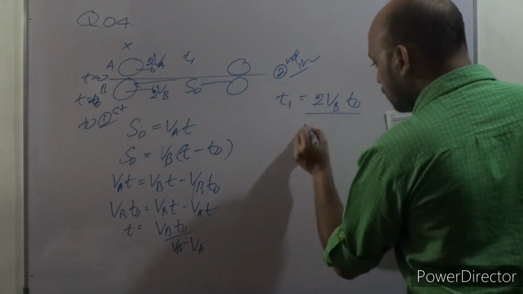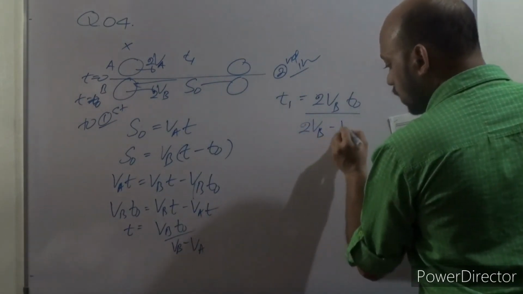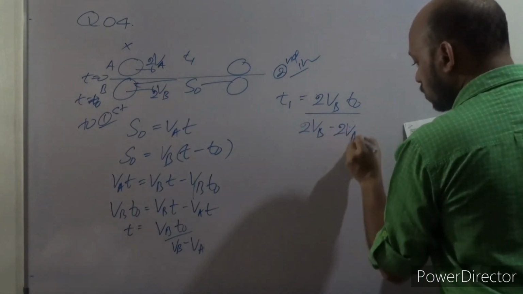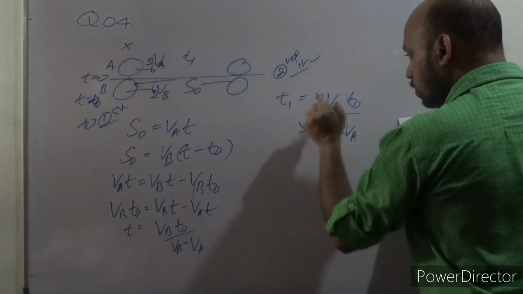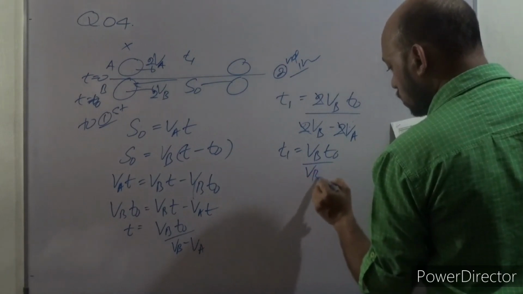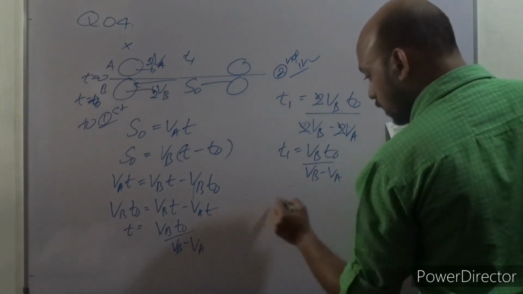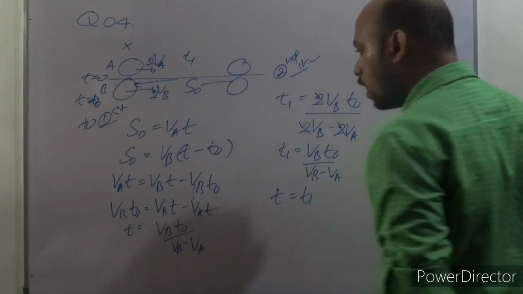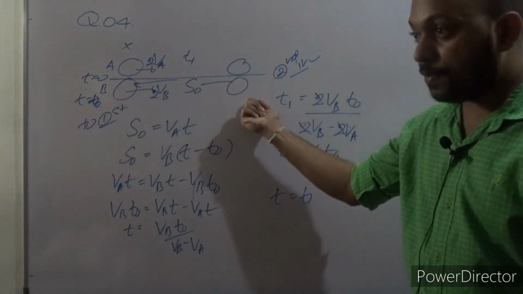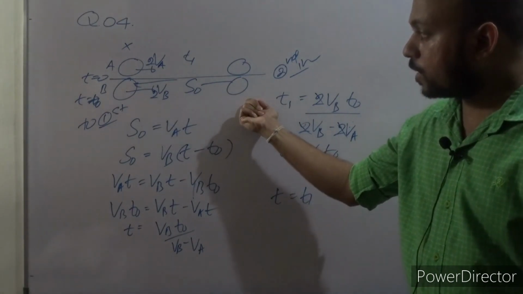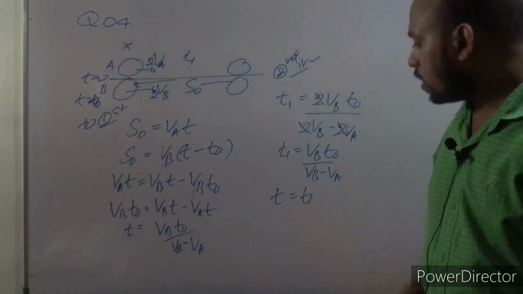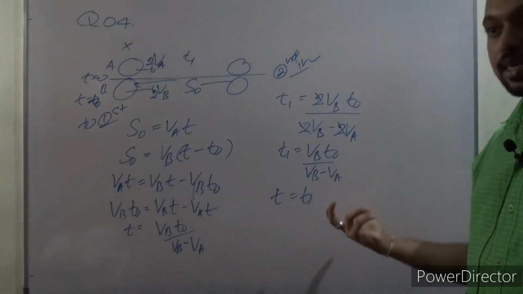Now VA and VB are both doubled, so 2 is common, and you can see that t and t1 are equal. It means the time taken in the first instance to pass A is equal to the second instance, so the time taken is constant.